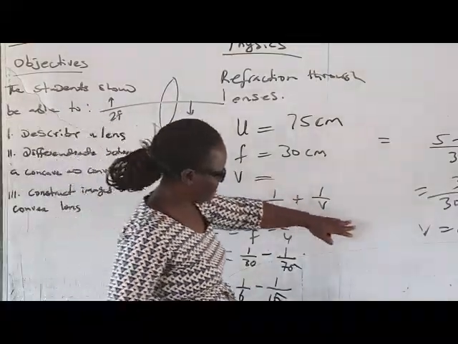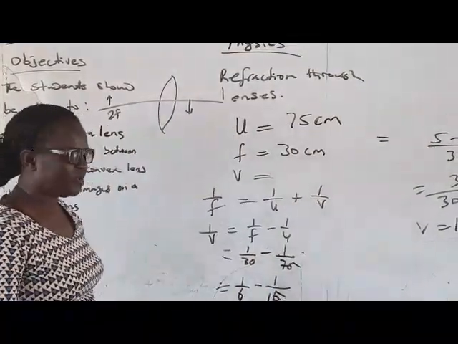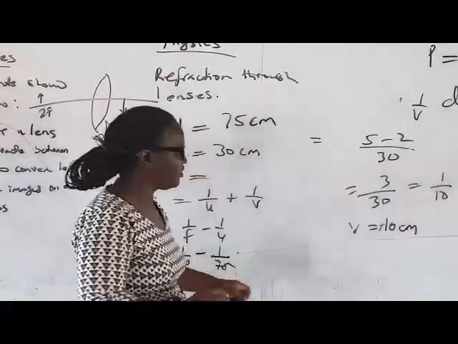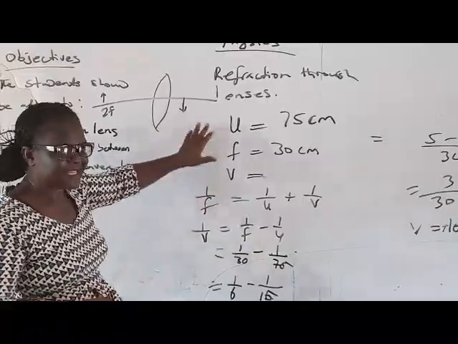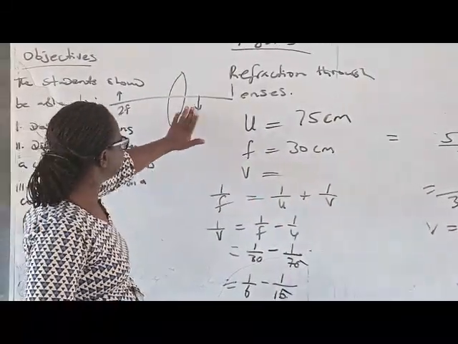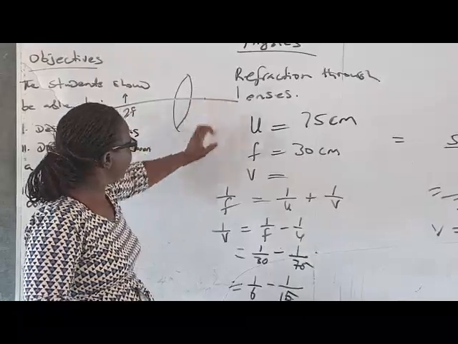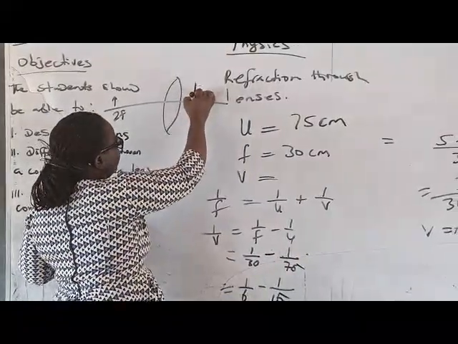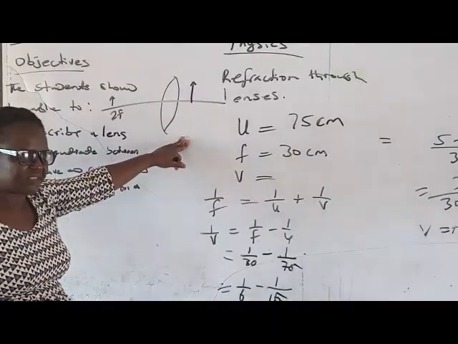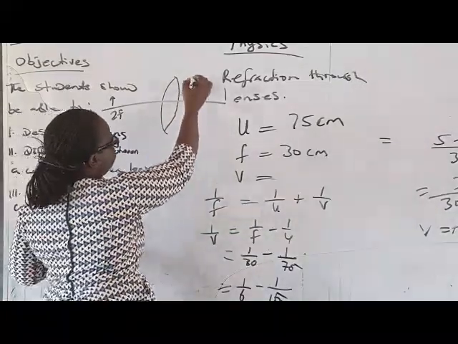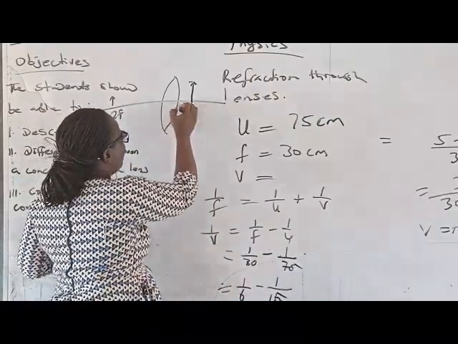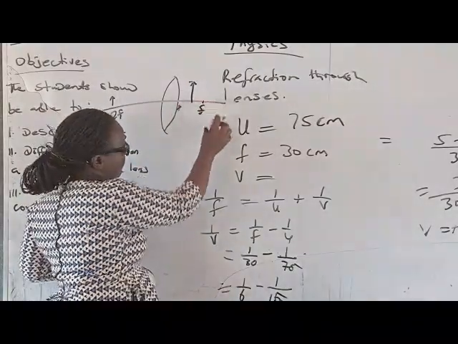Also look at the sign. We have plus 10. Remember, we say the signs that come with these distances are very important. So we have plus 10, meaning that this image is not inverted like the other images. It is erect. It is between the pole and the principal focus.